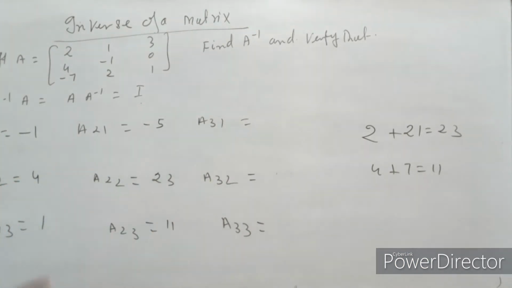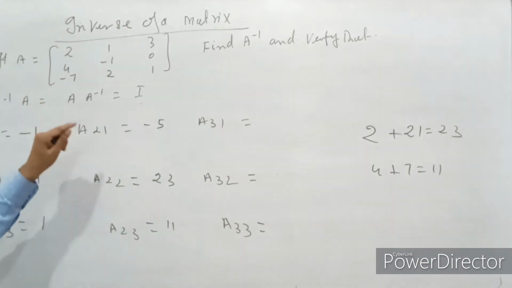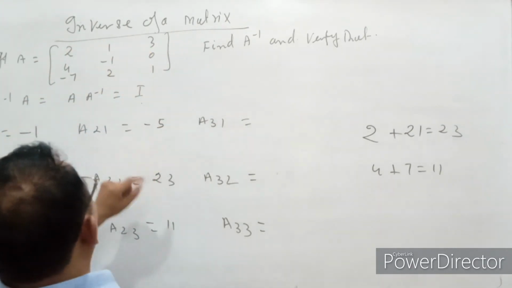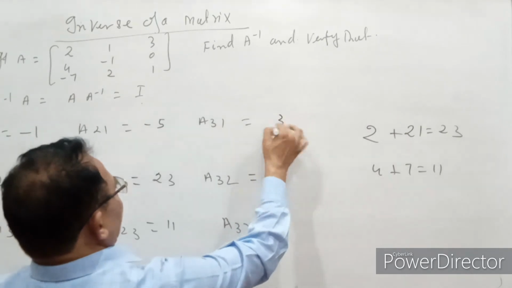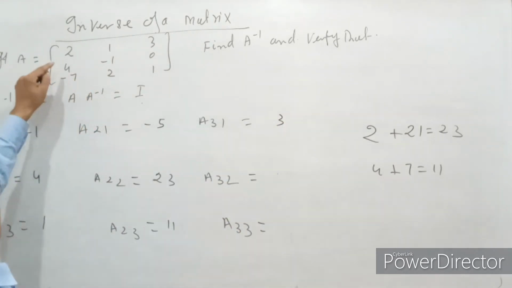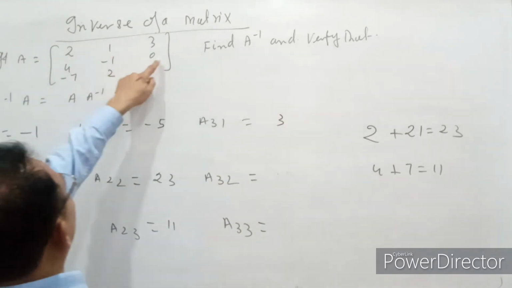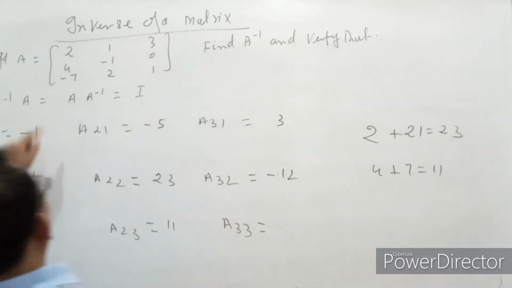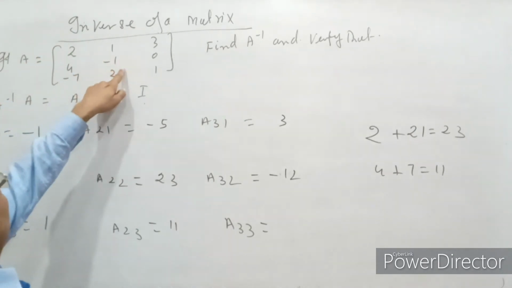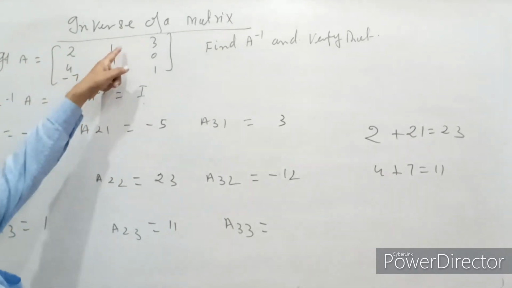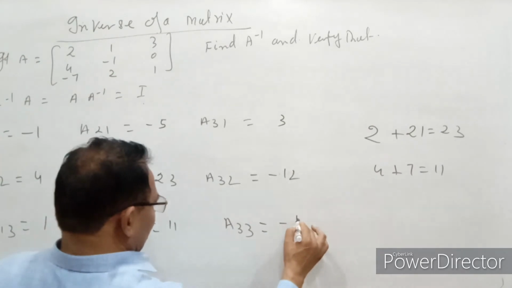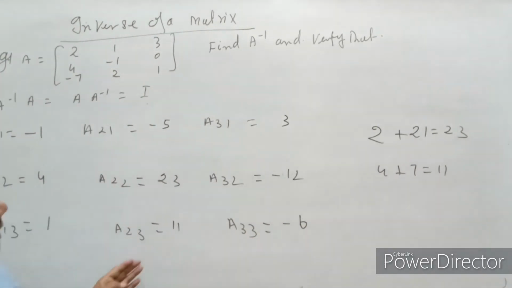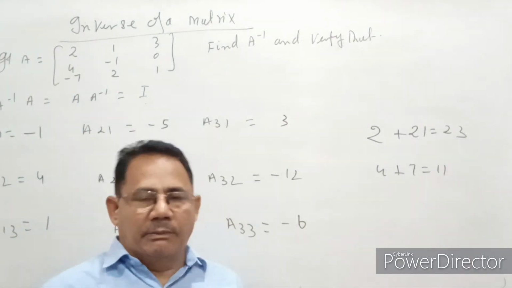Now we find the cofactor of the third row. Now this into this and this, +3 और that is this into this 0 और -12 और अगर हम यहाँ देखें -2 और -4, that is -6. These are the minors of the matrix A.